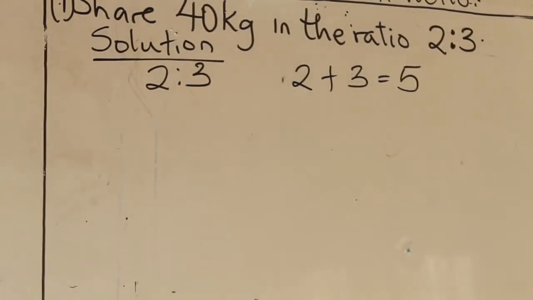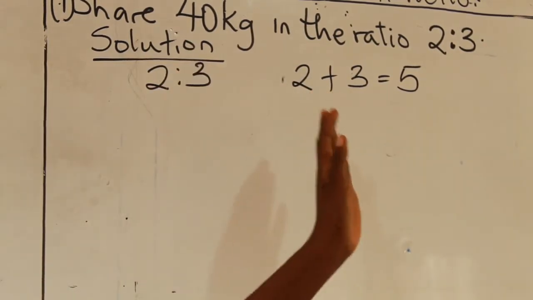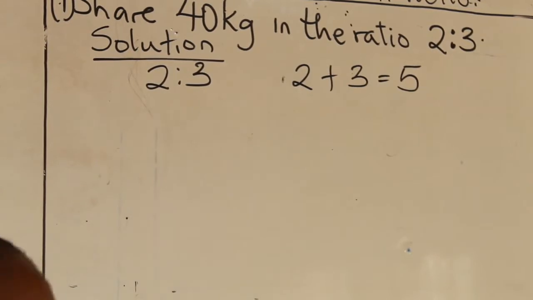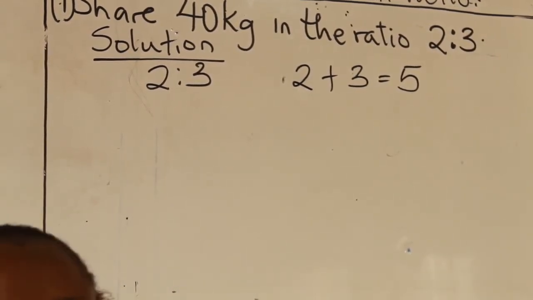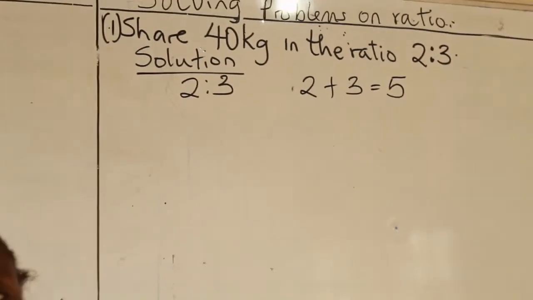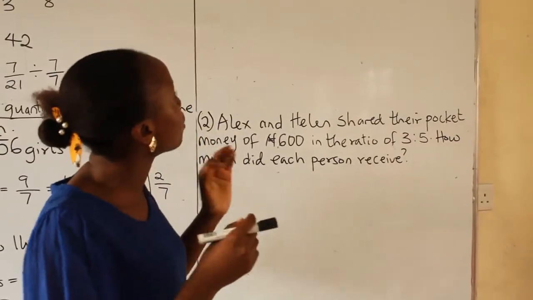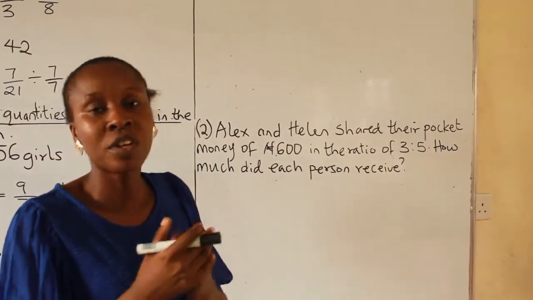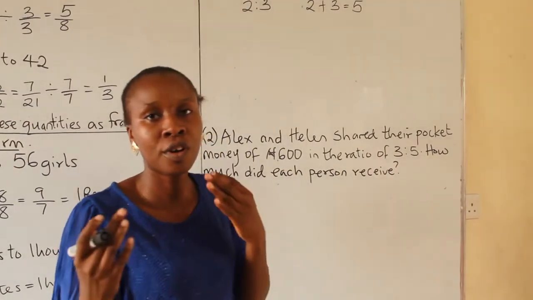We are sharing 40 kg into 2 parts and also into 3 parts. What we do now is we'll try to find 2 out of 5 of 40 for 2, and 3 out of 5 of 40 for 3 parts.